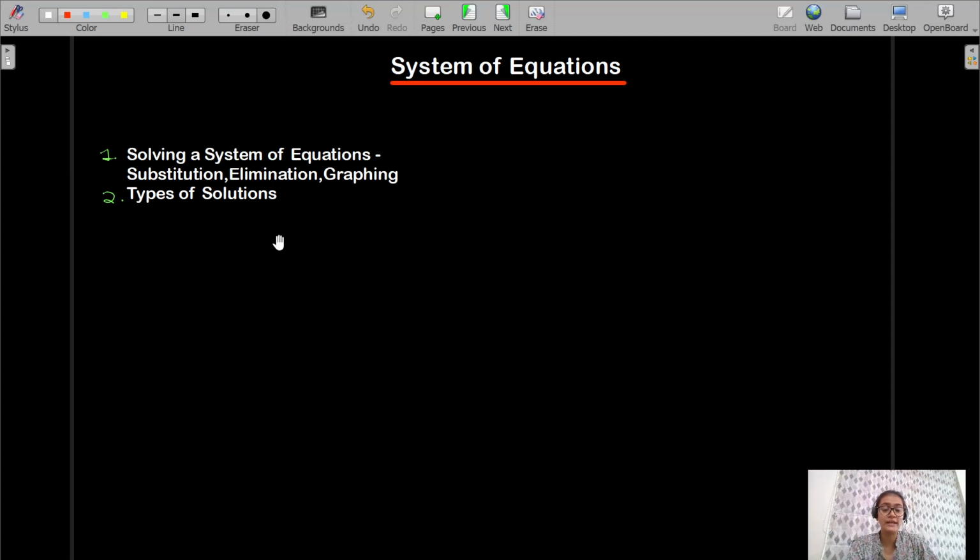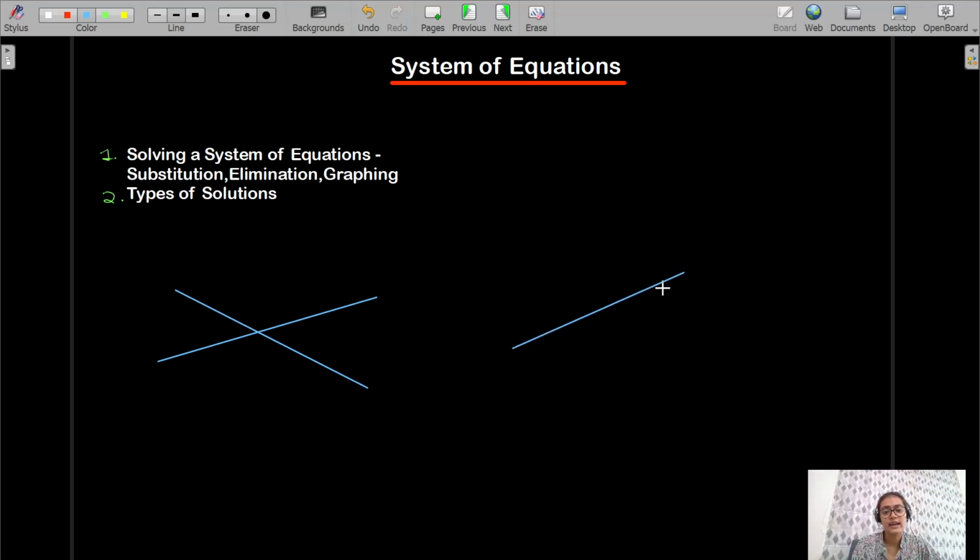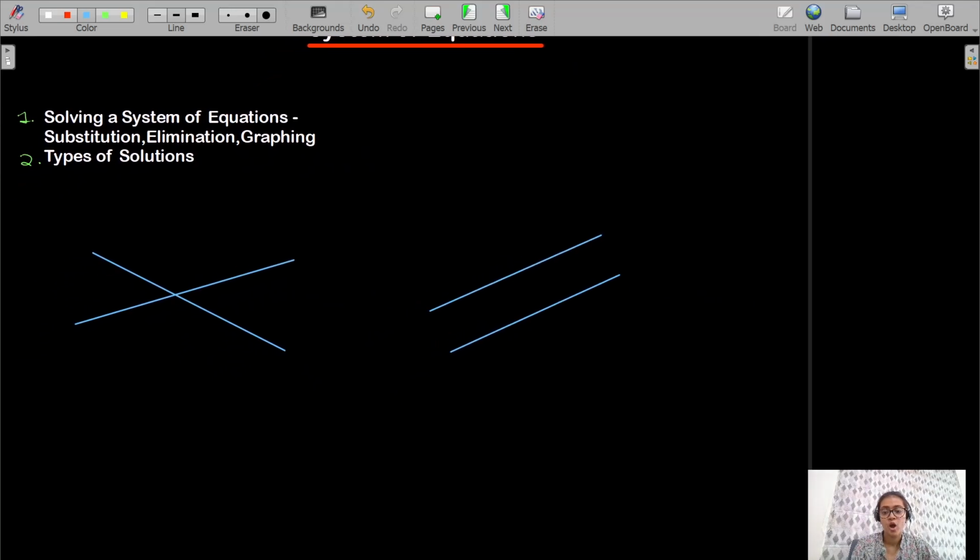So if you have two linear equations, the graph of the two linear equations will be two straight lines, and two straight lines can either intersect in a two-dimensional space, or they can be parallel. That means they do not intersect, or they can overlap. They can be on top of each other.